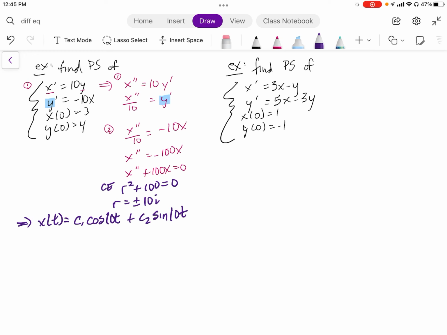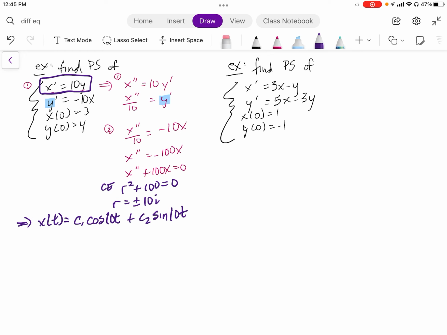Now, y prime is negative 10x. I'm sorry, y, let's use that one. I don't want y prime yet. I want to know what y is. So it's x prime divided by 10.